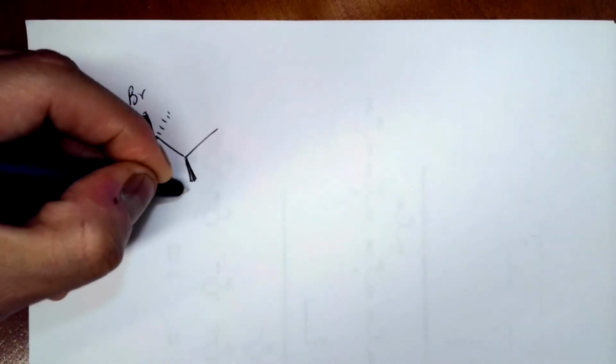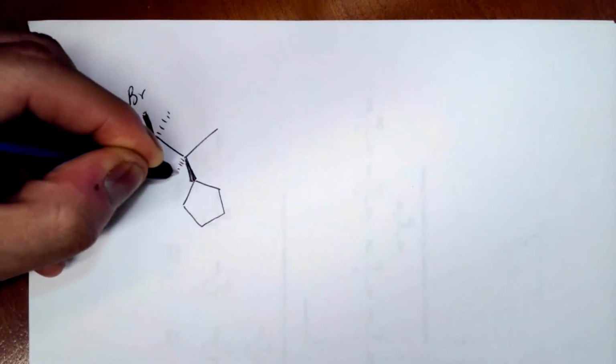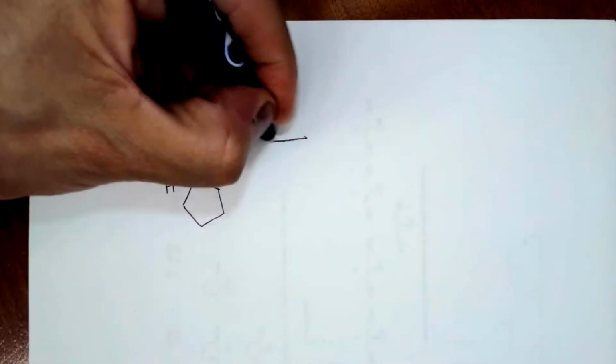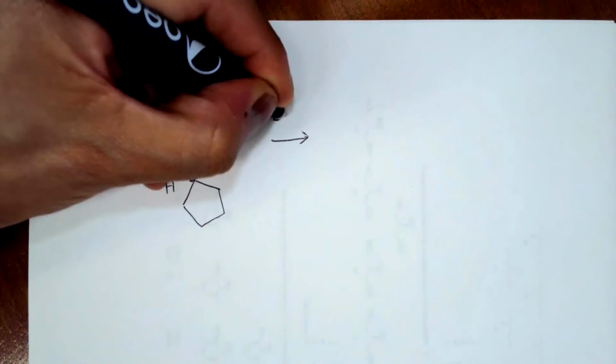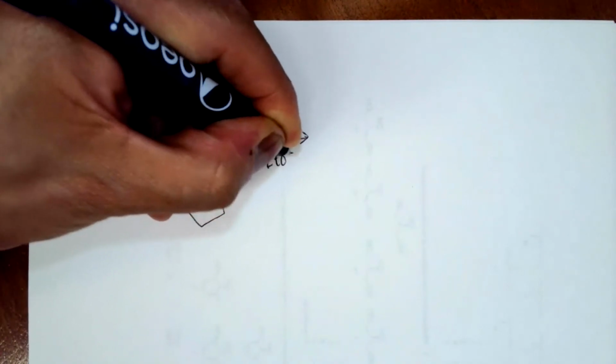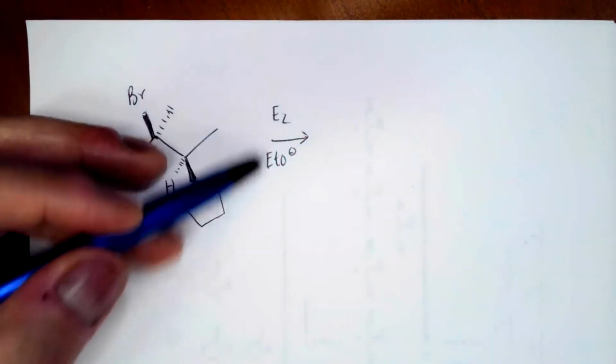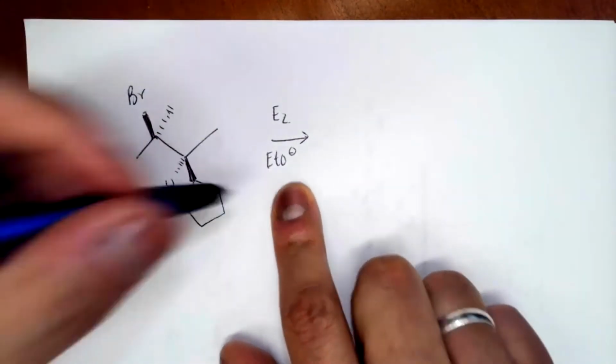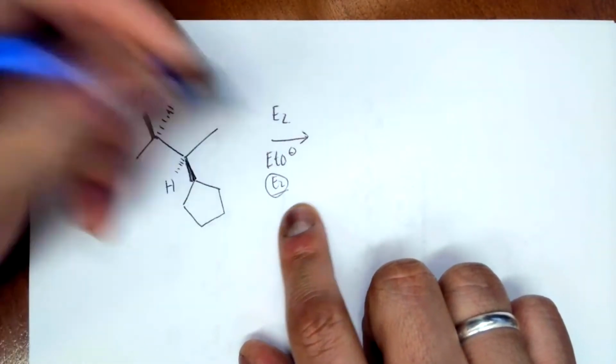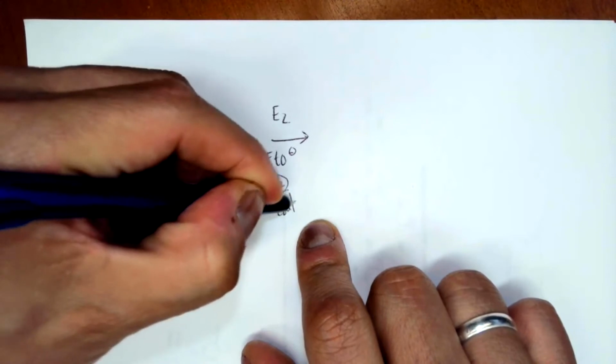Here we have a cyclopentane and hydrogen. Okay, so they tell me do the E2 reaction in the presence of ethoxide. Well, they don't need to tell me E2 because I know that ethoxide is going to be an E2 reaction, right?